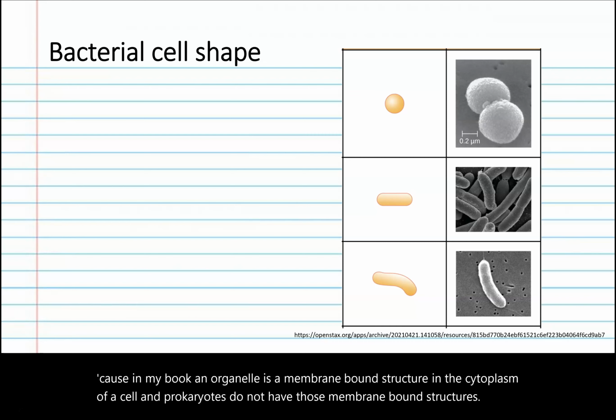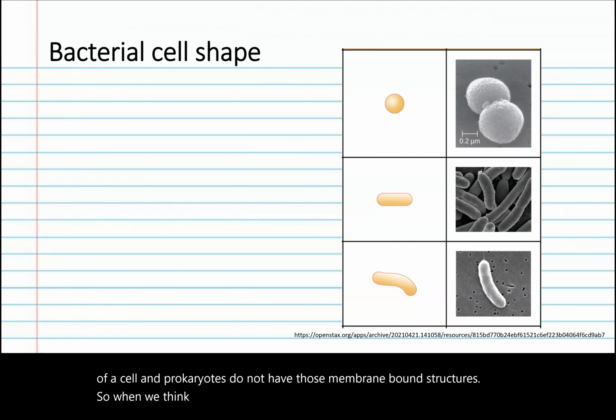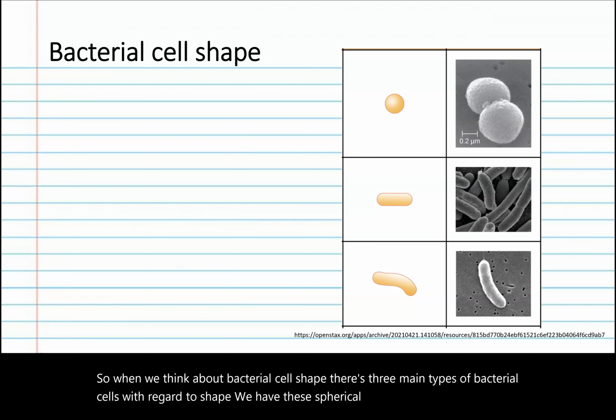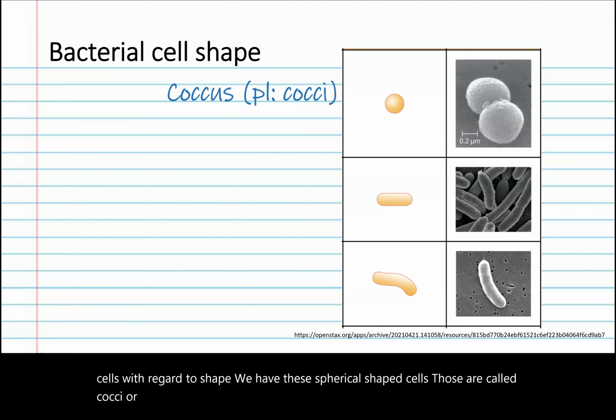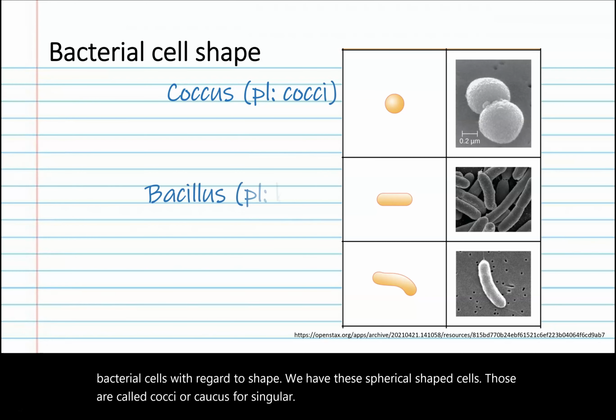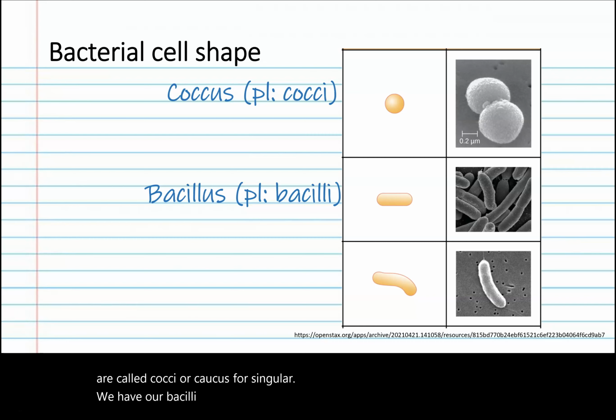So when we think about bacterial cell shape, there's 3 main types of bacterial cells with regard to shape. We have these spherical shaped cells. Those are called cocci, or coccus for singular. We have our bacilli or bacillus. Those are your rod-shaped cells.